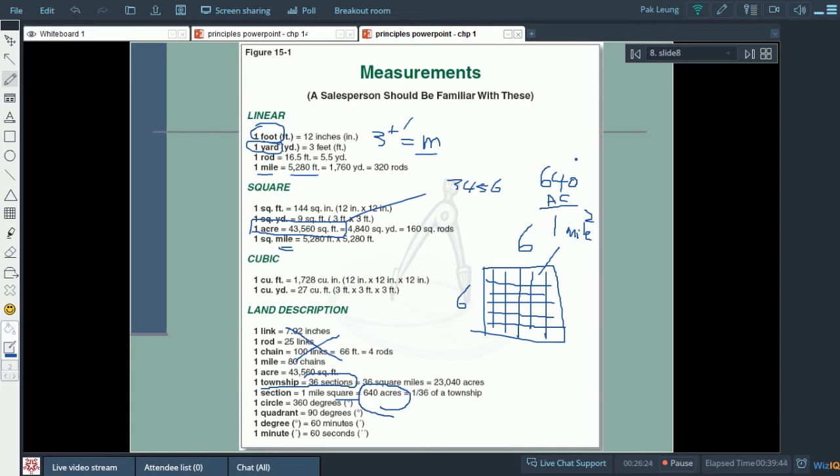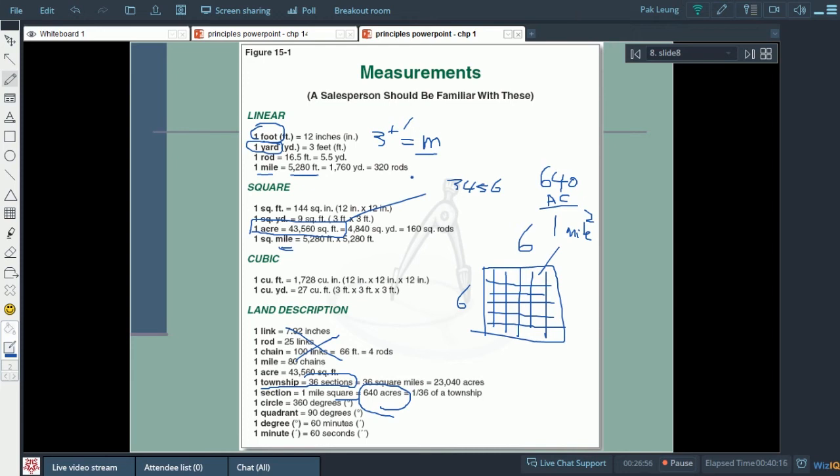Alright. So these are the numbers, not many to remember. The foot, the yard, the meter. An acre, 1英亩. And then a township, 36 sections, 1 square mile each. 有36块，每一块是1方英里.